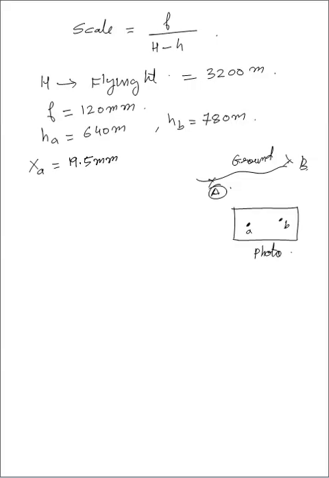Same way, YA is equal to negative 14.6 mm. XB is equal to 26.7 mm. YB is 10.8 mm.